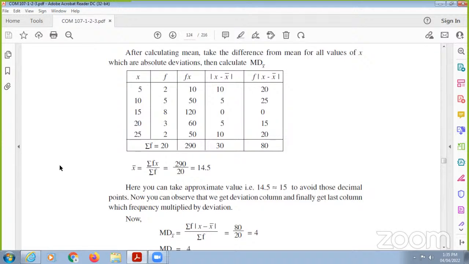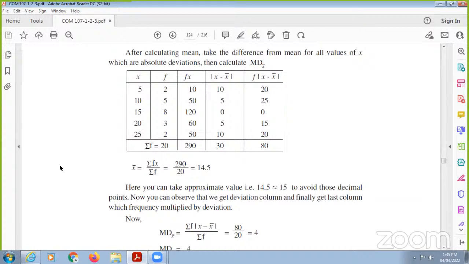Here fx is there. Fx means 5 into 2 is equal to 10, multiplication of x and f. Then 10 into 5, 50. Then 15 into 8, 120. Then 20 into 3, 60. And 25 into 2, 50. The total of fx is 290 here.